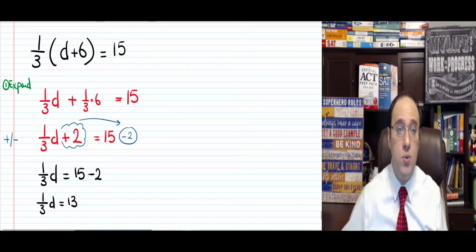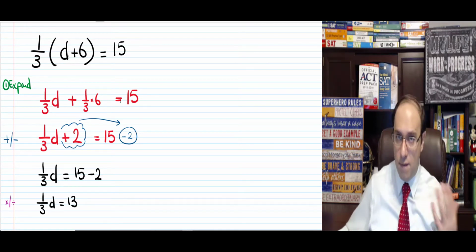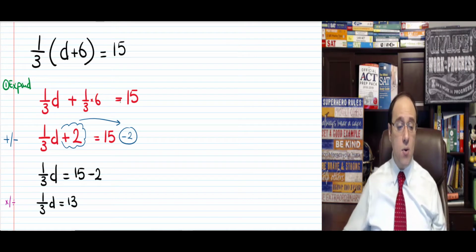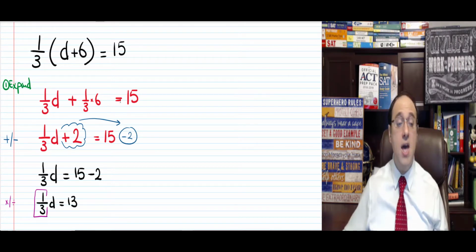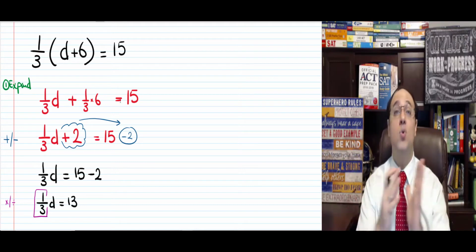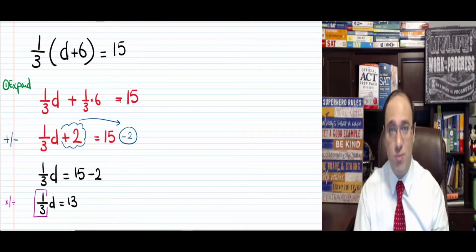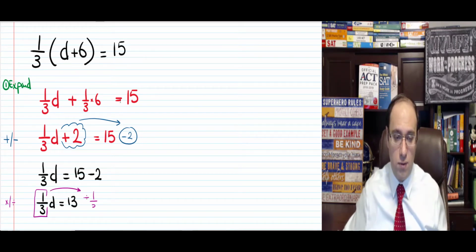Super. Now what do we do? We need to get rid of the multiplication or the division with the variable, with d. Here I have 1/3. All of this I'm going to consider as one thing, one number. 1/3 d means 1/3 times d, which means d times 1/3. So it's multiplication on the left, moves to the other side as divided by 1/3.